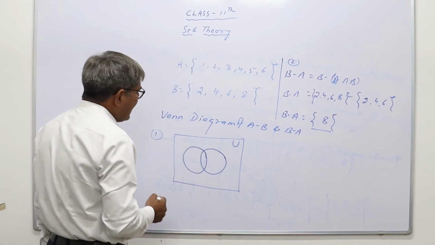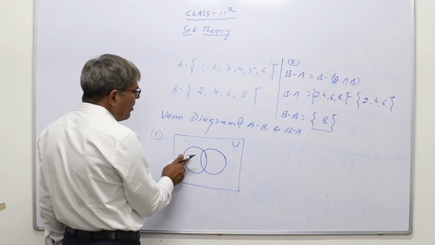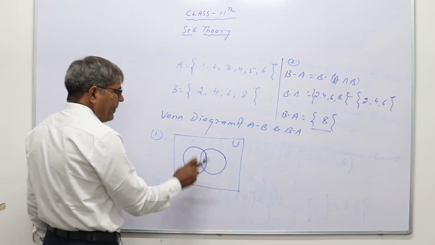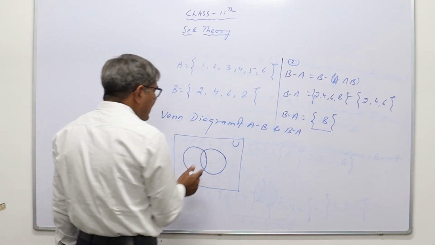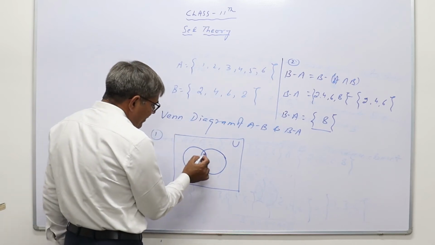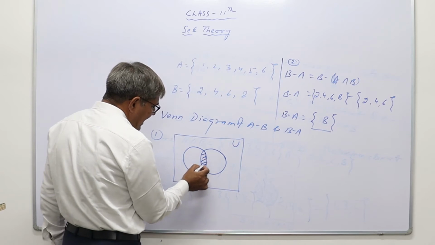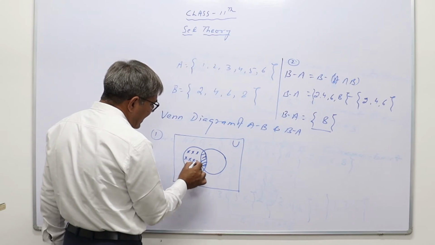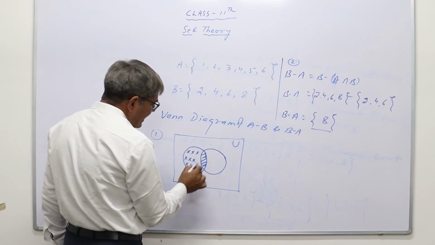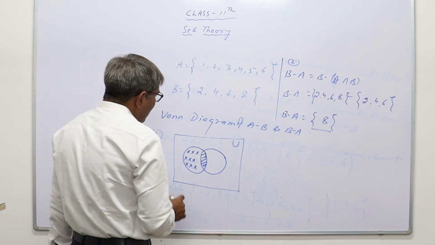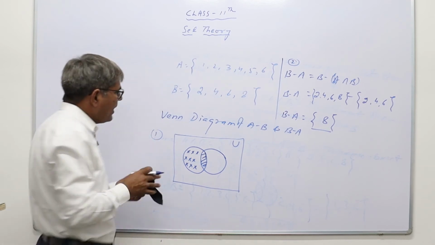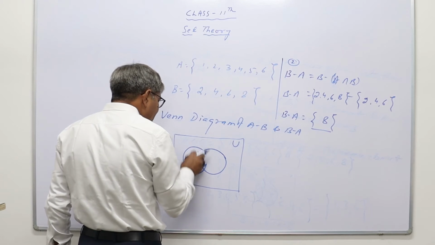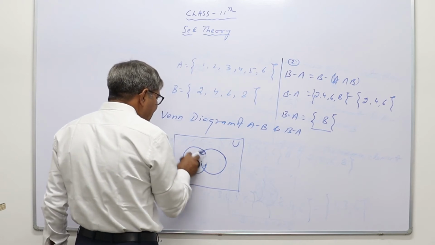Now see, A minus B is the elements of A which are not in A and B. That is, we will subtract these elements from A. So this star part will represent A minus B. So here, what are the elements? We will write them in this A minus B. What is A minus B?